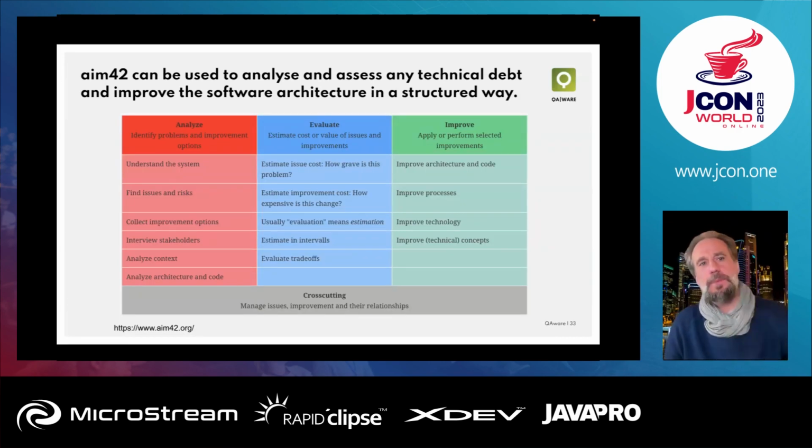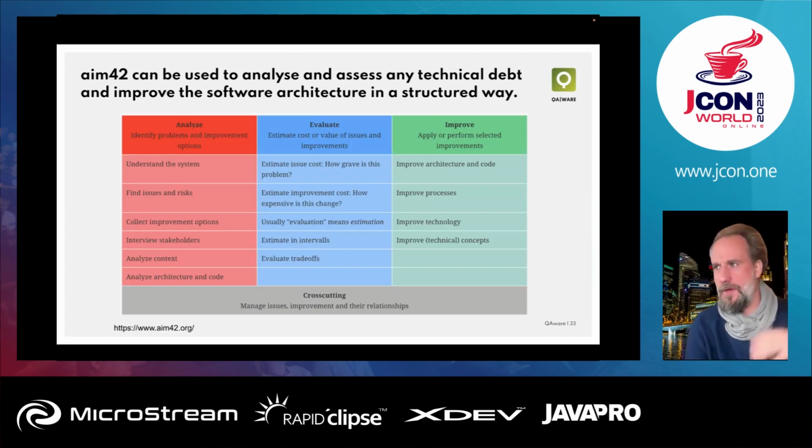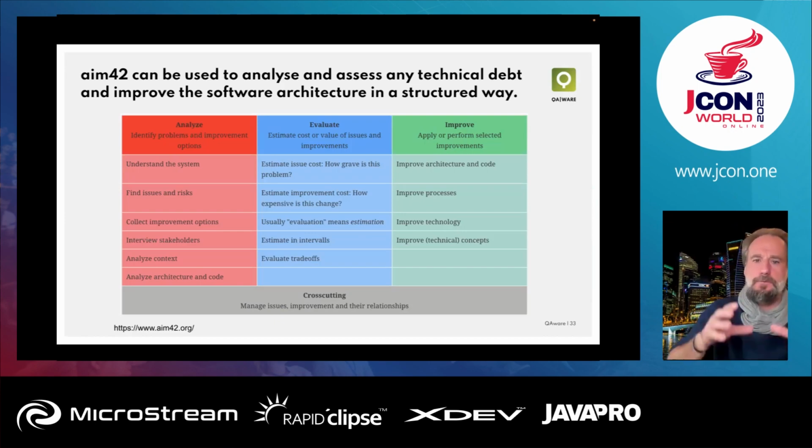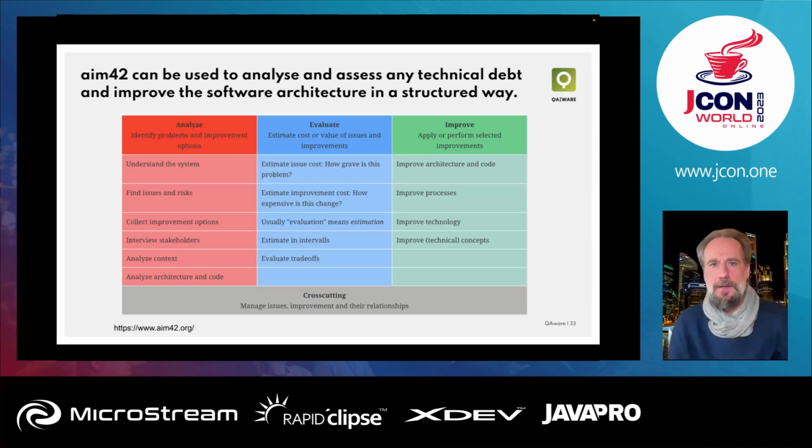And that's kind of the last bit. So there's another brother of Arc42 and Q42, which is called AIM42. And this is kind of a structured agile process how you can tackle technical debt. And what they say is regularly analyze the technical debt of the system, document it, find the issues, find the risk, interview stakeholders, analyze the architecture and code.